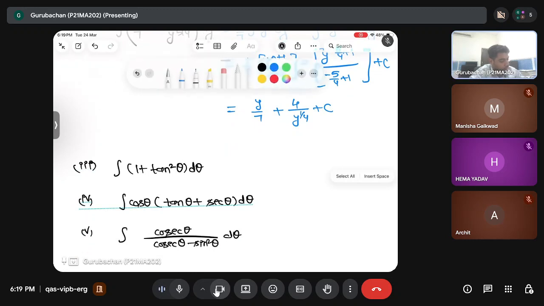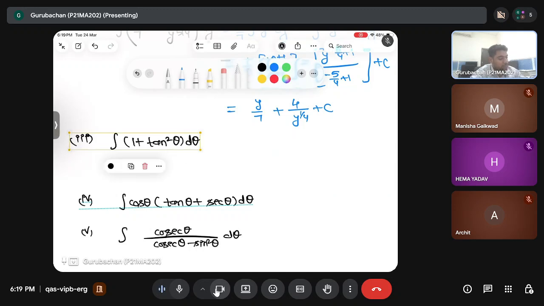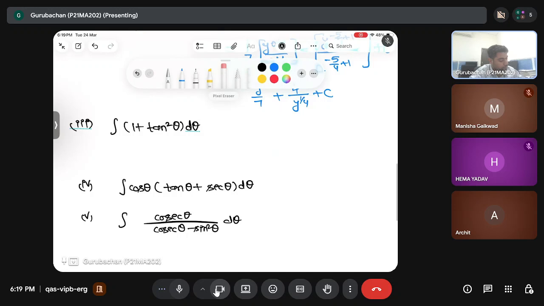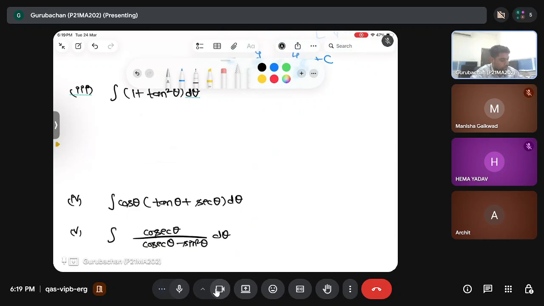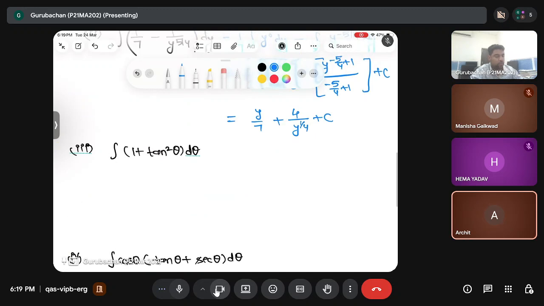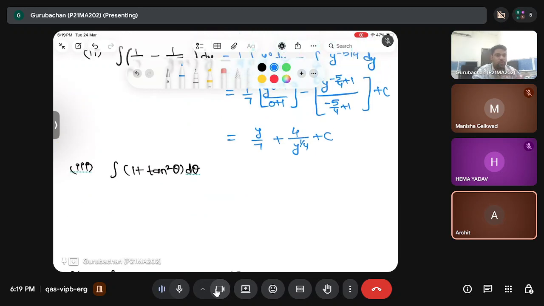So for the next one, now recall that. What is the differentiation of sec theta? Sec theta tan theta. And what is the differentiation of tan theta? Sec square theta. Okay, so it's obvious tan square theta will not appear as a term in the differentiation of a trigonometric function.